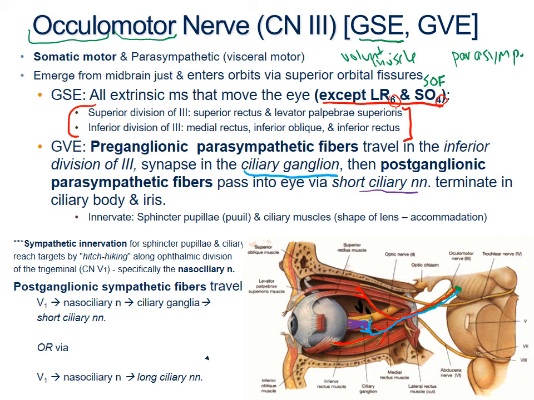We have talked about preganglionic fibers of parasympathetic from cranial nerve 3, that synapse in the ciliary ganglion, postganglionic fibers that we call the short ciliary nerves leave that ganglion, jump on with V1 to go into the eyeball and do their action, which is efferent action of activating smooth muscles that affect the pupil and the shape of the lens.